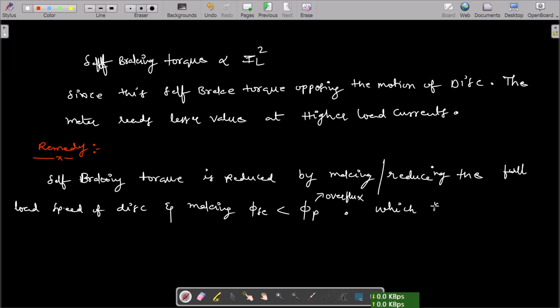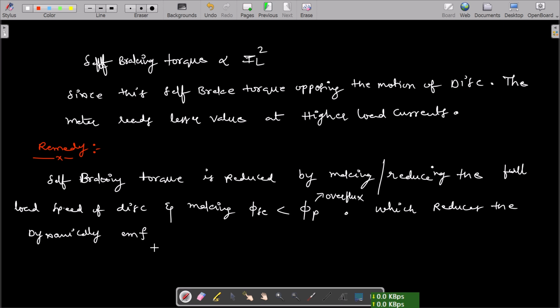which reduces the dynamically induced EMF, because the EMF induced in the disk, the motional EMF, is nothing but BLV, where V is the relative motion between the disk and the series flux. So if the speed of the disk is reduced, the amount of EMF induced in the disk will reduce.